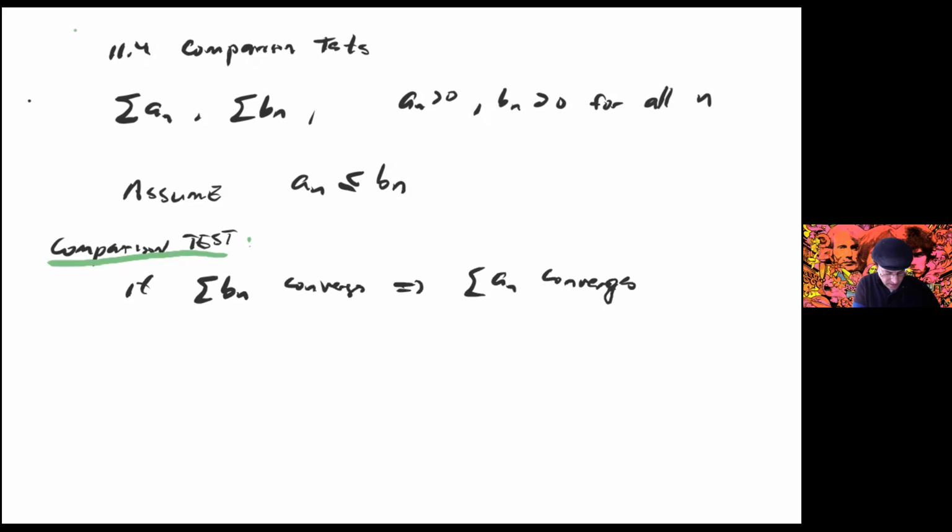And the contrapositive is the other way the test is formulated. If summation A sub n does not converge, that is, it diverges, then summation B sub n, the larger series, diverges.